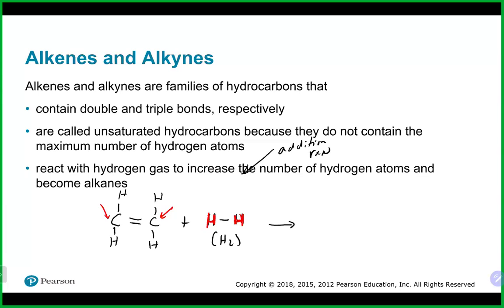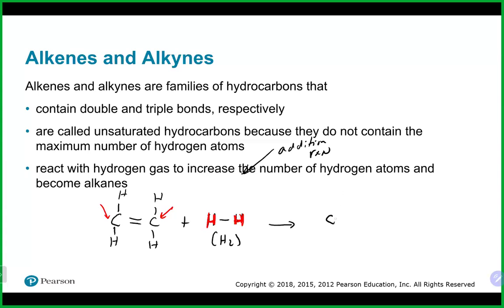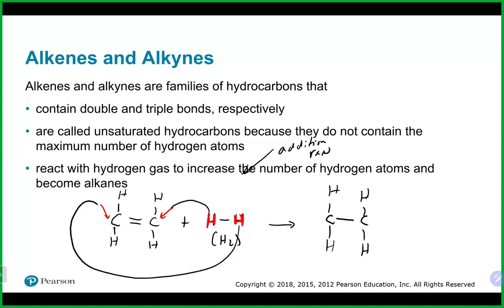So what you would do in this case, and we'll talk more about this a little bit later on, is you basically just copy exactly what you got, except make that double bond into a single bond. And that is going to make room for each of those hydrogens to come on. One's going to go to one carbon, and the other is going to go to the other carbon.